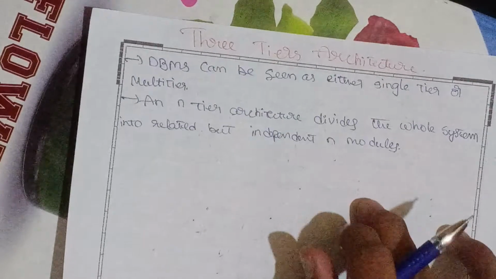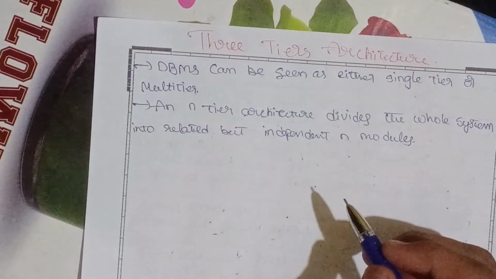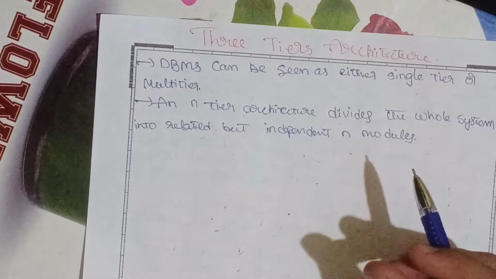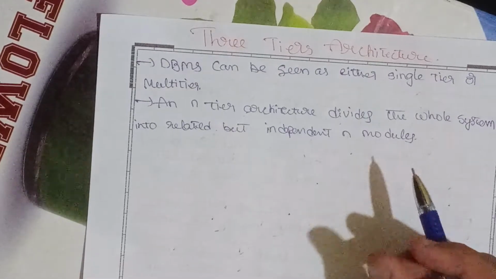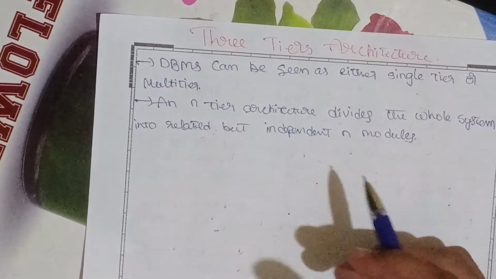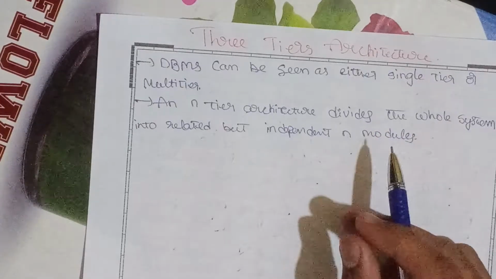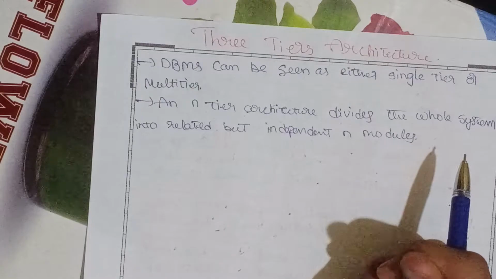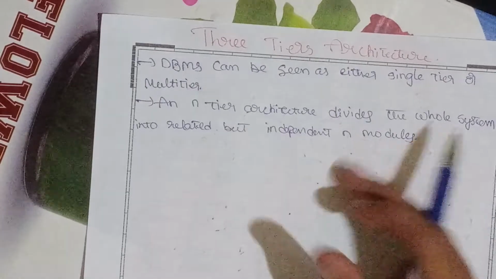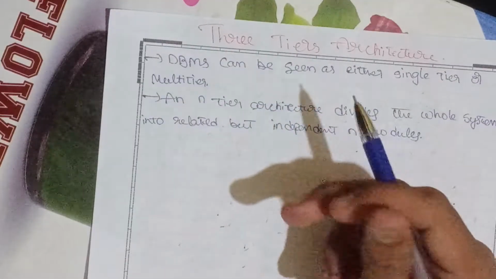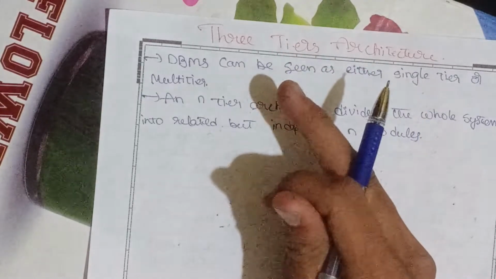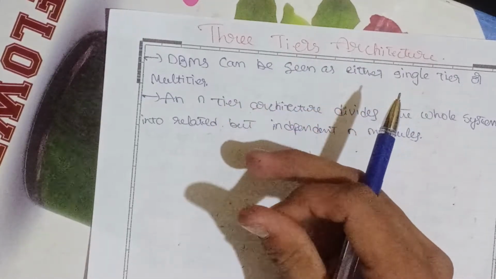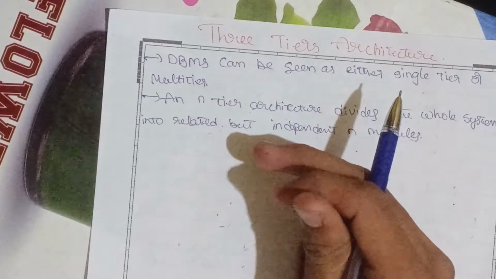The entire architecture divides into different layers. Whenever it is divided into layers, those will be independent of each other. Related means the relation of one tier to another, the mapping between the levels of the architecture.